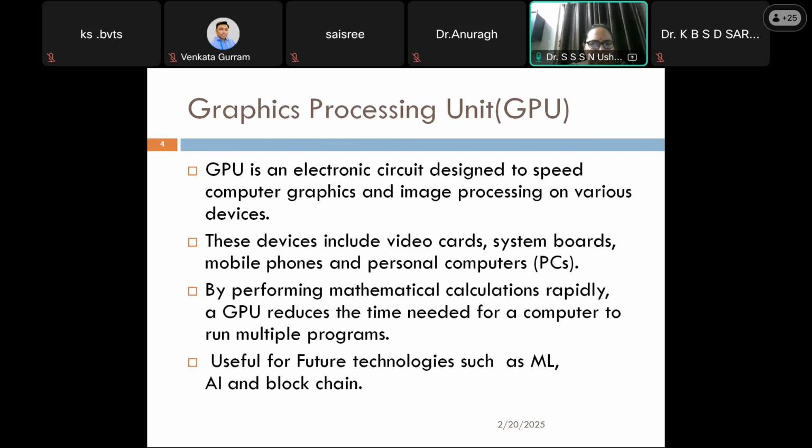The GPU is an electronic circuit that is utilized for improving the performance, the speed of the system. Whenever we observe that we are repetitively doing certain tasks, that can be parallelized and run by the GPU to improve the performance of the system.